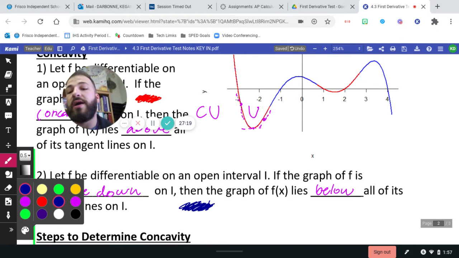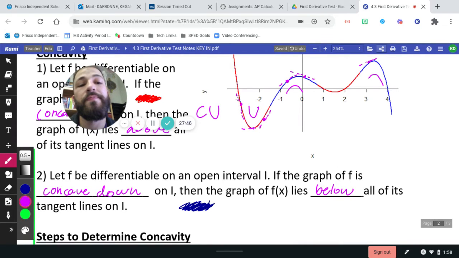Notice how concave down is just the exact opposite of concave up. It forms that upside down U. So instead of an upwards U, an upside down U. I don't want to say N because N doesn't really connect to anything. And once again, if I drew tangent lines at any points, the graph would be below the tangent lines. That's what makes it distinctively concave down.